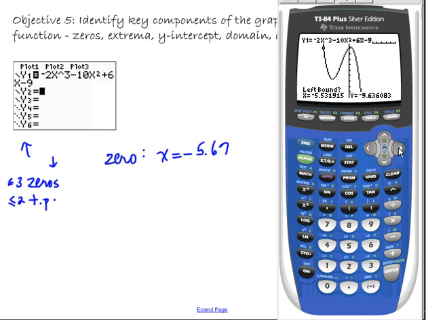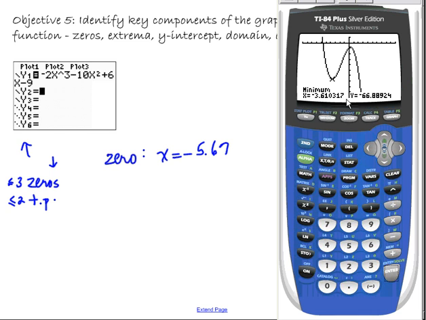We've got to be on the left side of it, which we are. And now on the right side of it, somewhere there, and then guess. I think I saw around -3. Okay.